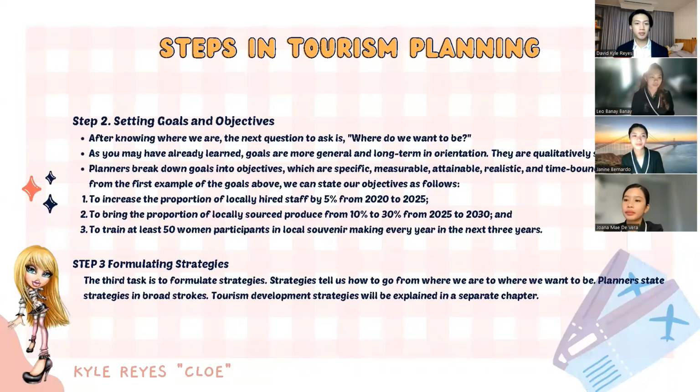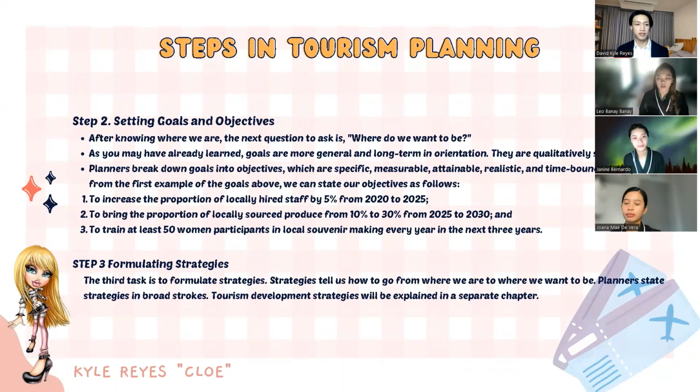So the second step in tourism planning is setting goals and objectives. After knowing where we are, the next question to ask is, where do we want to be? To answer this, we have to define our goals and objectives. Goals and objectives refer to what a destination or an LGU wants to achieve after a certain period of time.